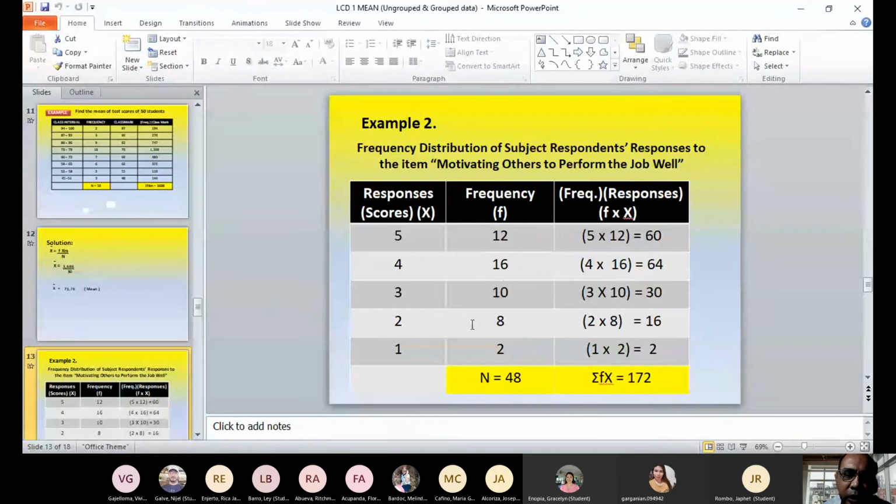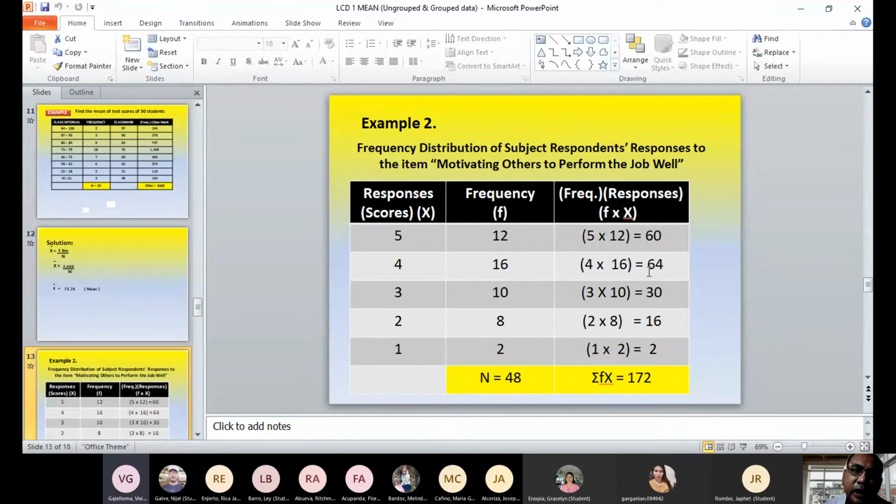So what we're going to do is you add this, meaning ang n is the total number of respondents to answer this following instrument items. So 48. Now, when you multiply this in our respondents or the responses and the respondents, meaning 5 times 12, then 4 times 16.